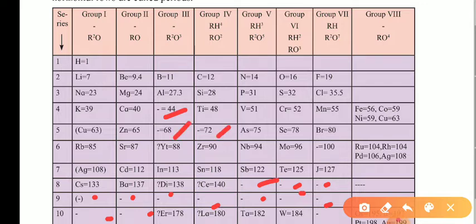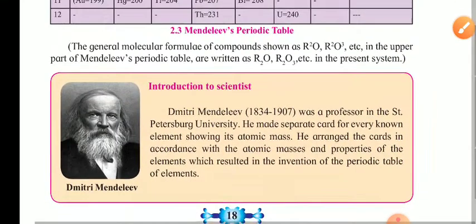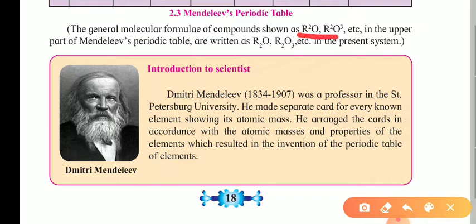You can see that the masses they have shown, but not the elements, because those elements were not discovered at that time. That's why he kept them blank. The molecular formulas he wrote over here, that is R2O, R2O3, are nothing but the compounds those group elements make with oxygen, which he labeled over here.